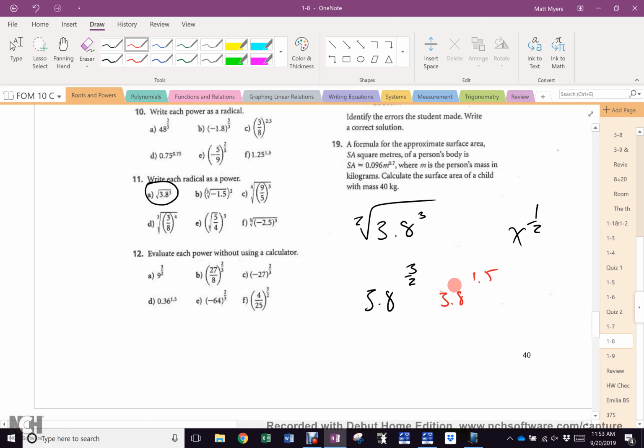Now, could you take this further? This is another weird situation, because I would argue for you that one of these two appears the simplest answer, yes? But you might say, oh, Mr. Myers hates fractions or decimals, so you might go crazy. You might say 38 over 10 to the 3 halves. You might do that because that is 3.8, right?